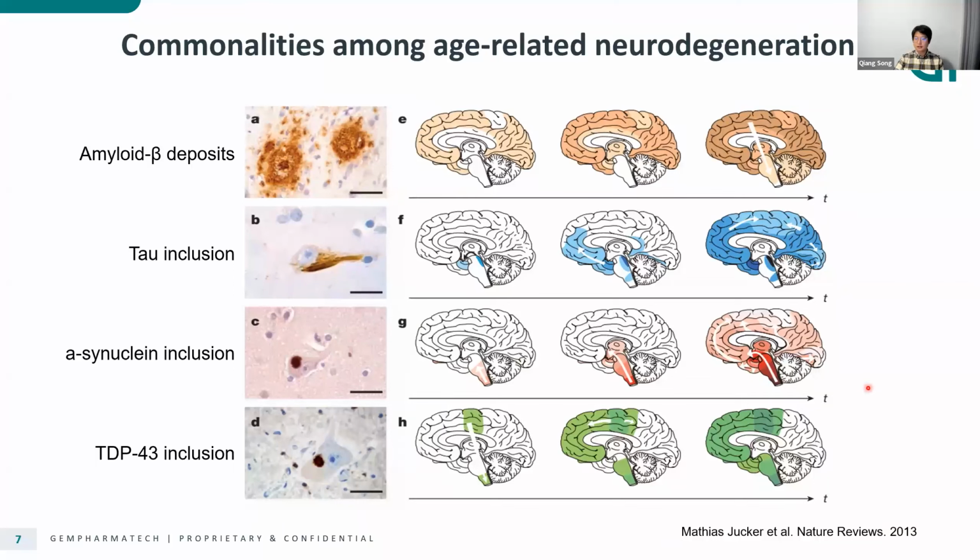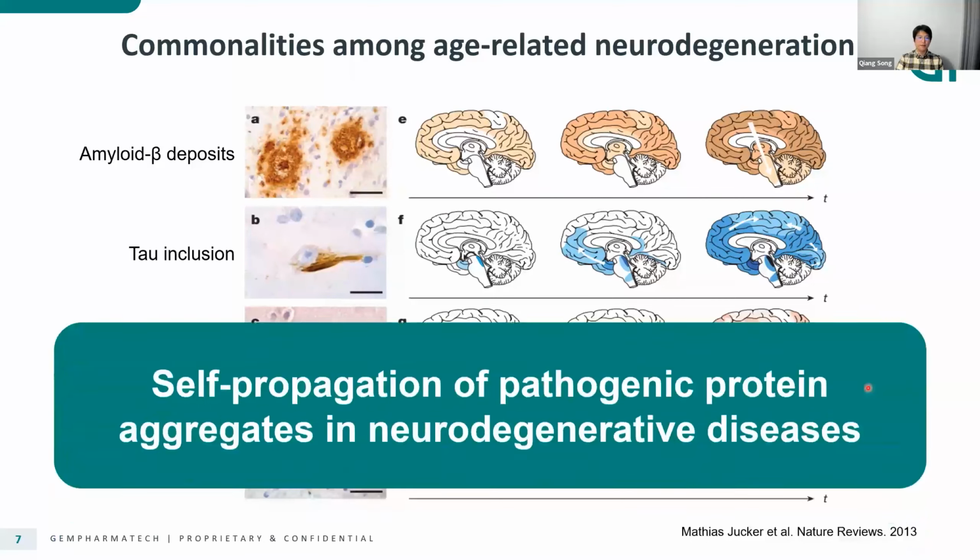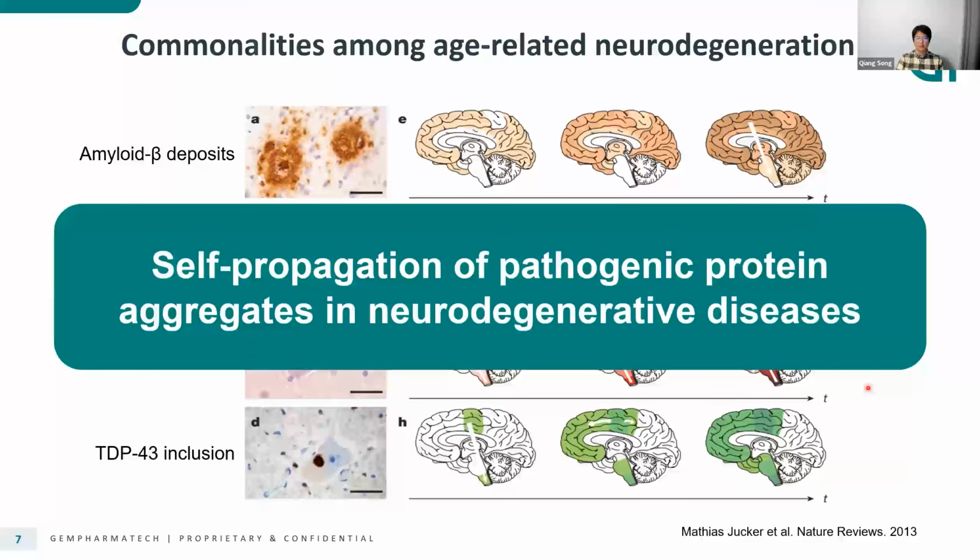This process of protein misfolding and aggregation is remarkably similar. The misfolded protein can aggregate and self-propagate as pathological protein aggregates in neurodegenerative disease.